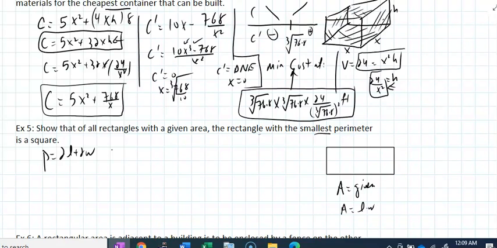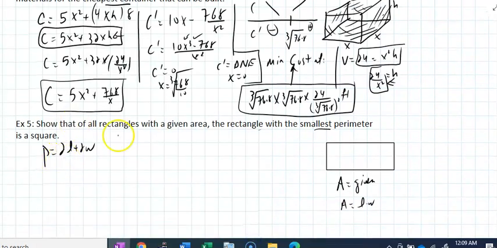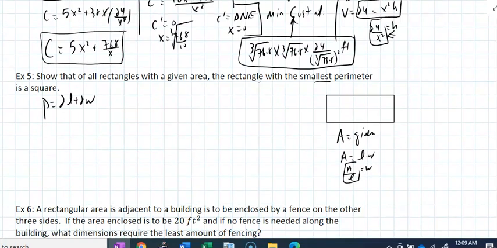Well, suppose A is not given, but suppose A is a constant. Then if I solve for W, that would be A, that number, over L. Substitute that, and we're going to need that later on.